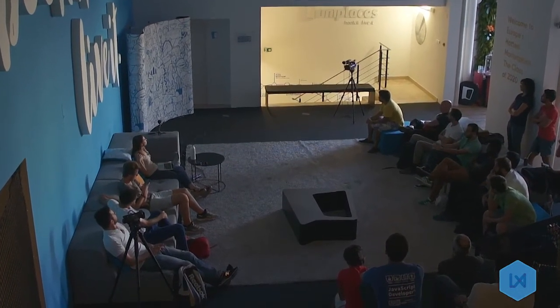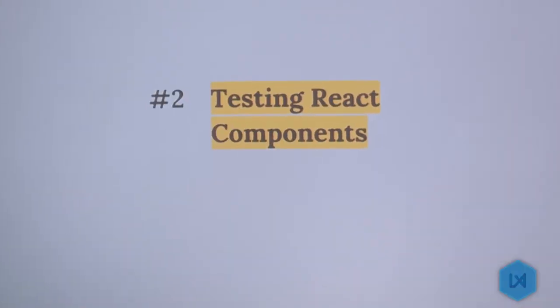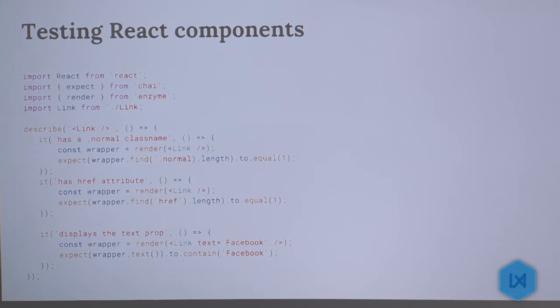So how can we test React components in our React applications? Well, this is a typical way of testing. This is our link component we saw before, and we are basically rendering the component and then querying the DOM in order to find the attributes we are looking for.